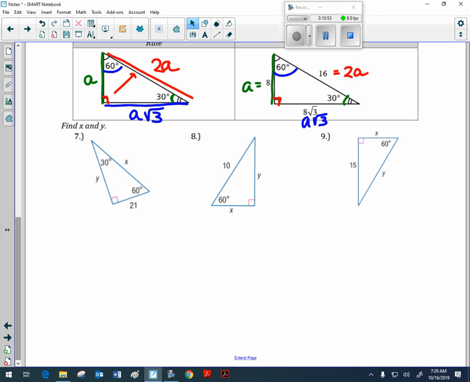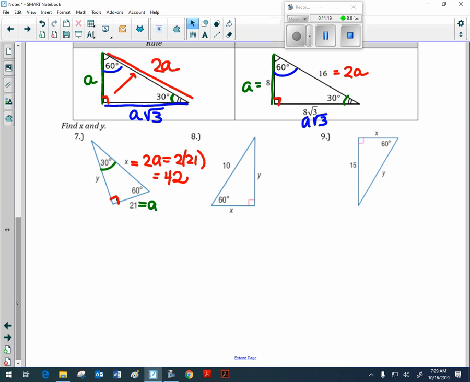When we look at question 7, across from the 30-degree angle, they're telling me is 21, that's my side of A. Across from the 90-degree angle, they have labeled as X, and that is our 2A side, which is 2 times 21, which is going to give us 42.